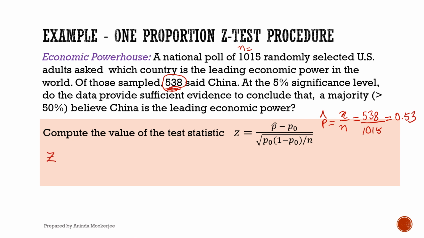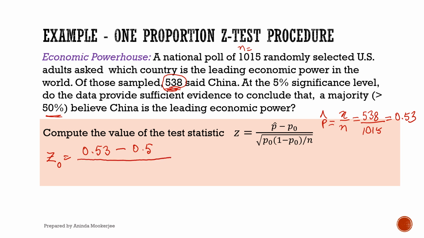So let's plug in the values. The test statistic is often represented as Z sub 0 or T sub 0 and so on. So p hat is 0.53 minus p sub 0, the 50% break-even point, so it's going to be 0.5. That's what we used to state our null hypothesis, that p equals 0.5, right?